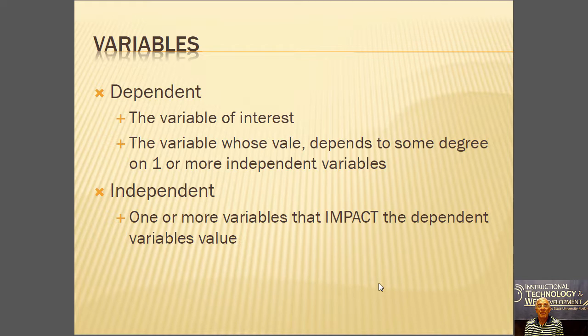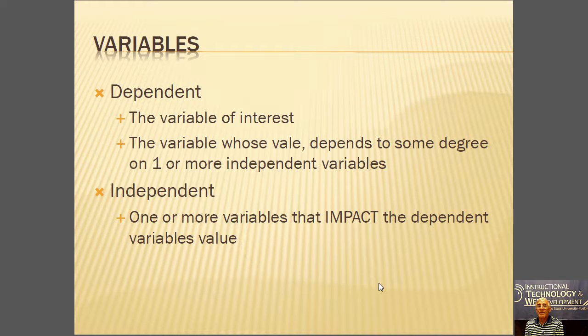We could easily add 2, 3, 4, 5 more independent variables that probably have some impact from a predictability perspective on the dependent variable. In this course, we're not going to get deep into that. That will be called multiple regression. We're going to stay with simple regression where there's only one independent variable.